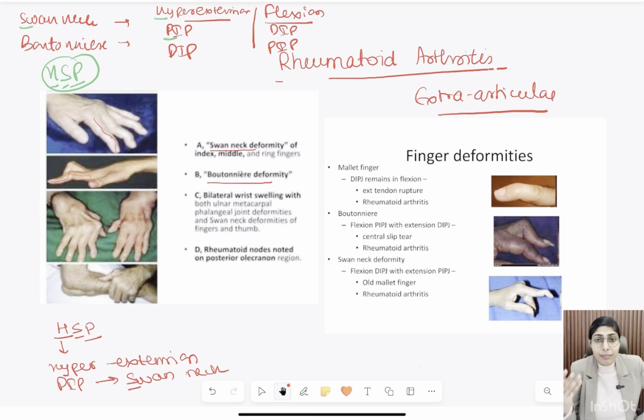Rest of the boxes you can fill by yourself. You are smart enough to do that, right? So please remember HSP to remember which deformity is which one. Try to remember these figures. This is a swan neck deformity. This is boutonniere deformity.